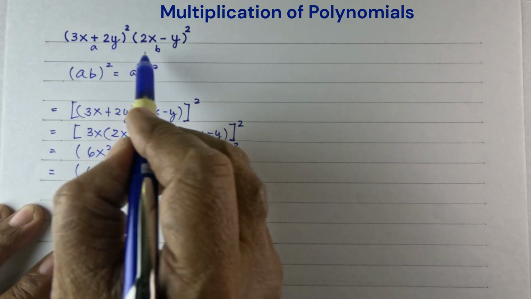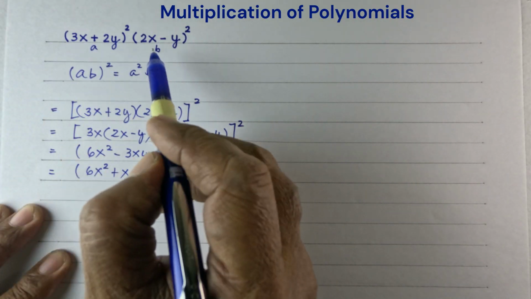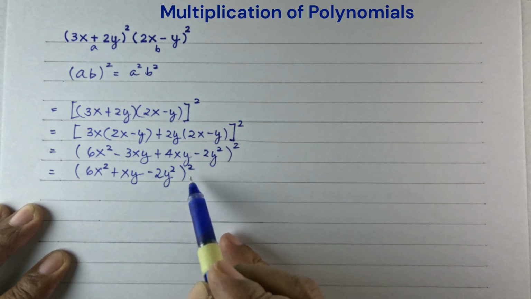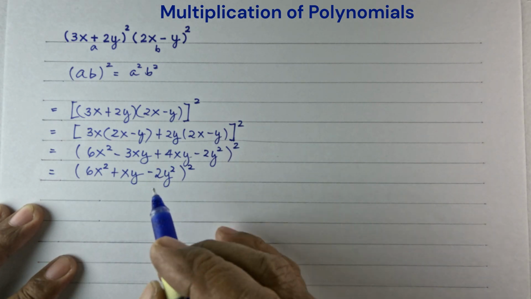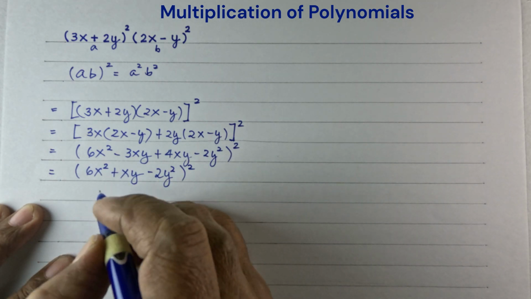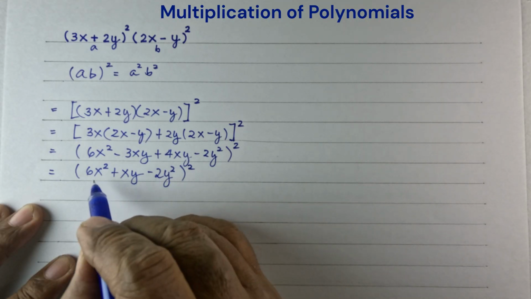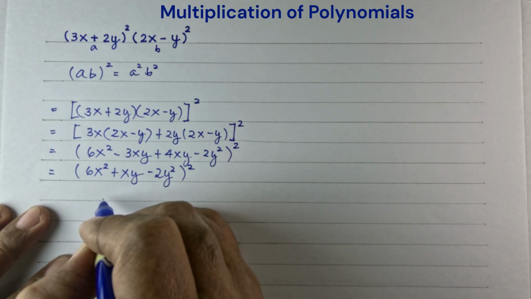So the product of these two binomial squares has been transformed into a square of a trinomial. Now we're going to solve this using the general formula for the square of a trinomial.